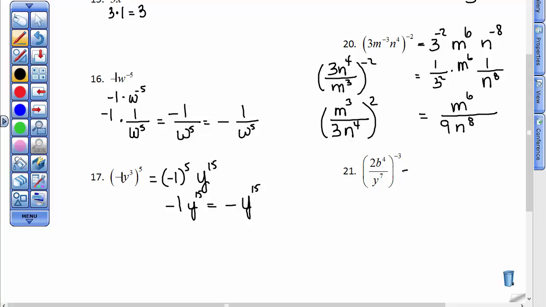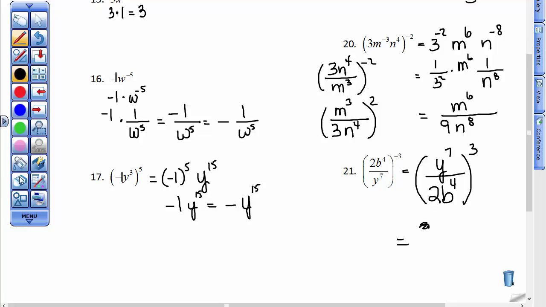Therefore, I'd like to use that property in this problem. I'd like to put y to the 7th upstairs and 2b to the 4th downstairs. And now I get to raise all that to the positive 3 power. That gets rid of my negative exponent right away. And so 7 times 3 is 21.